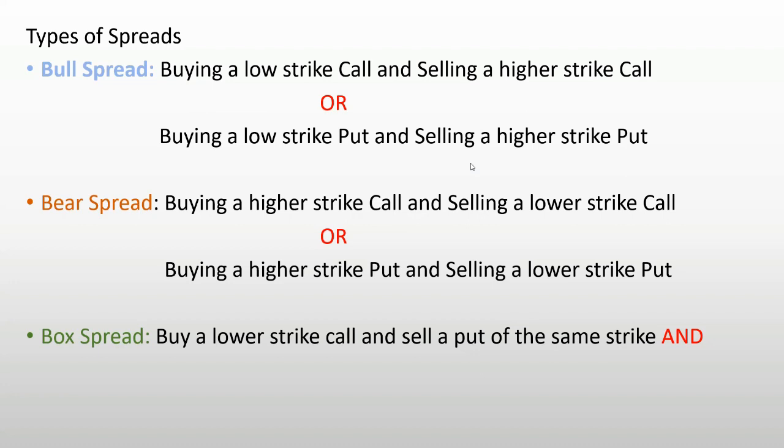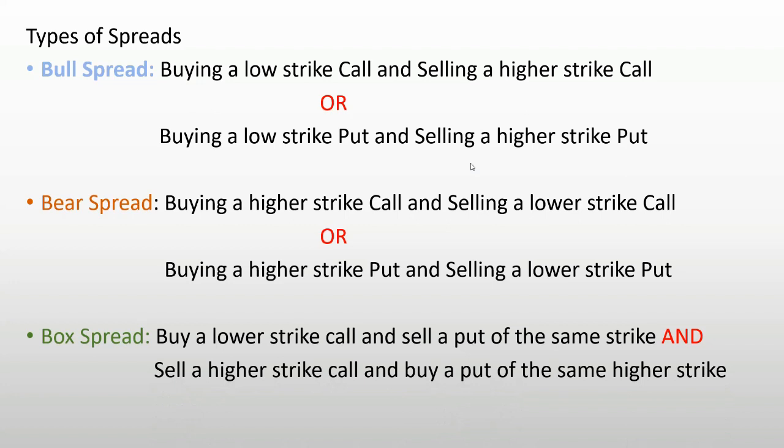In short, buy a lower strike call and sell a put of the same strike, and sell a higher strike call and buy a put of the same higher strike. It seems very complicated and confusing, but it's not actually. We will be clear when we do these strategies using Excel.